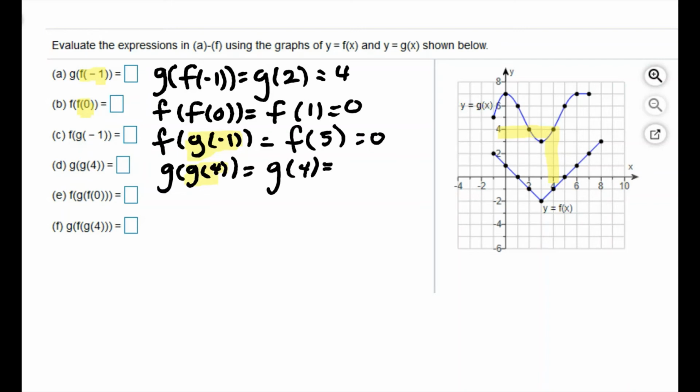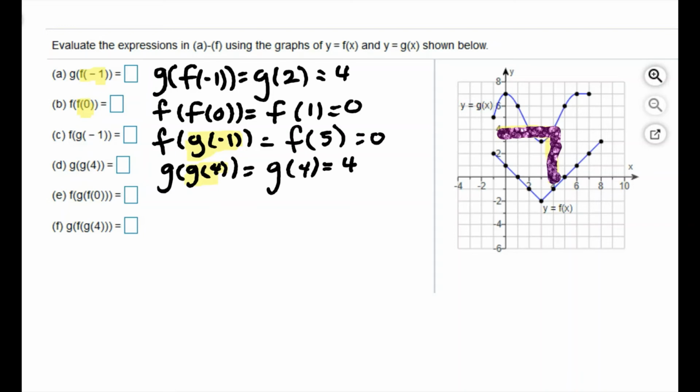Now we want to find g of 4 again. We have an x value of 4. We go up, and we get a y value of 4. So g of g of 4 is 4.